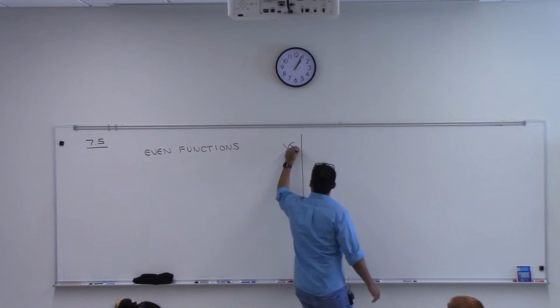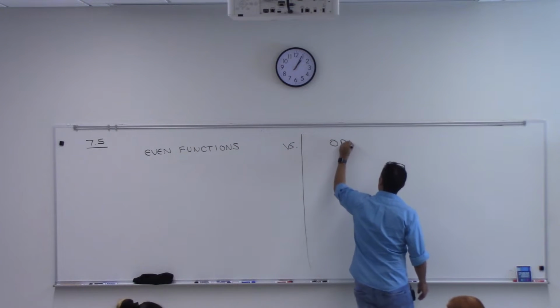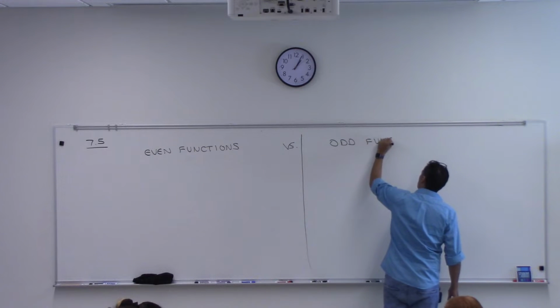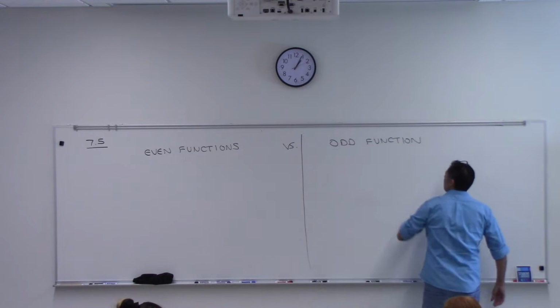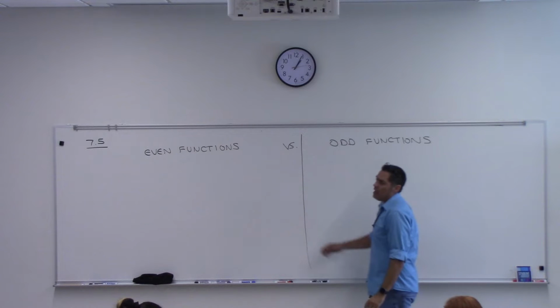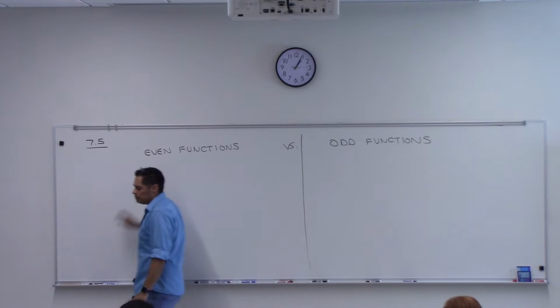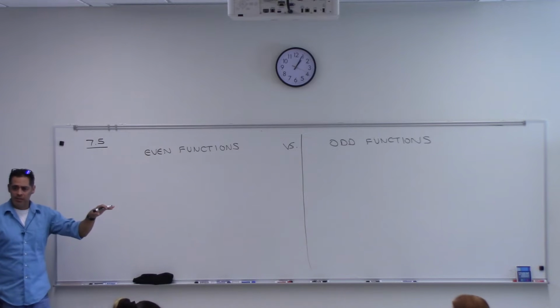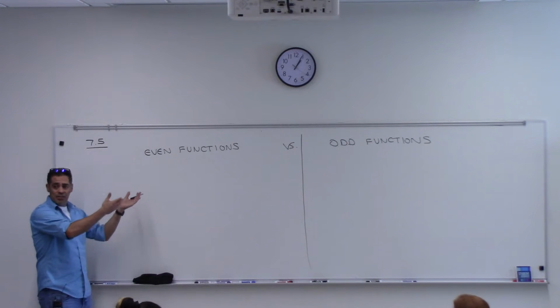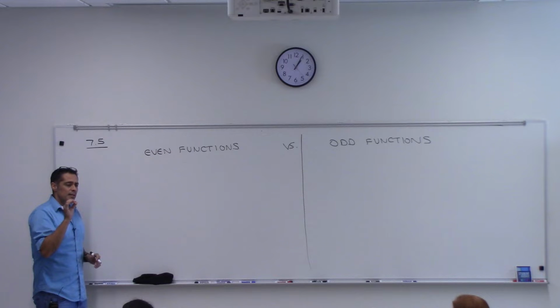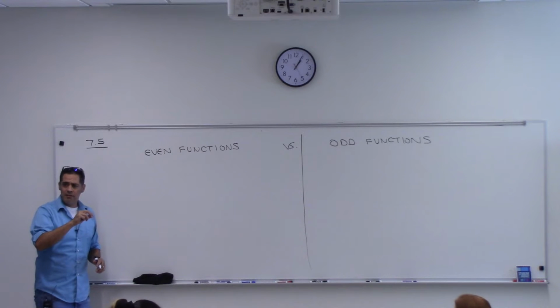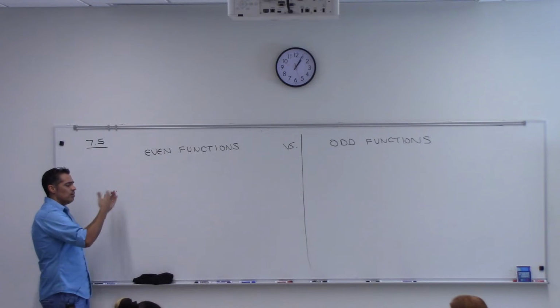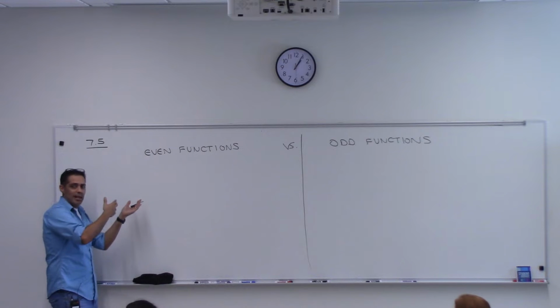versus odd functions. This is a concept from college algebra, where your instructor should have defined what an even and an odd function is. I'm going to put the definitions up, and then we're going to talk specifically about the sine and cosine functions and ask ourselves, are they even, are they odd?